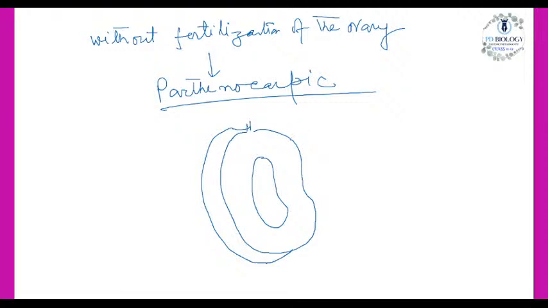So the outer part is the epicarp, the edible part is the mesocarp, that's the endocarp, and that's the seed.